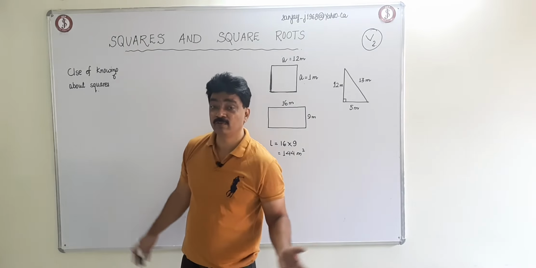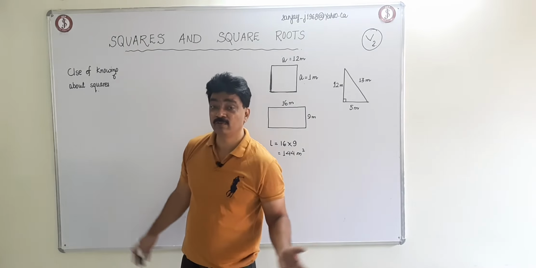That means 4 square is 16 plus 1, that is equal to 17. So check it up. 8 square is 64, 15 square is 225, and 17 square is 289. So you get the Pythagorean triplet.